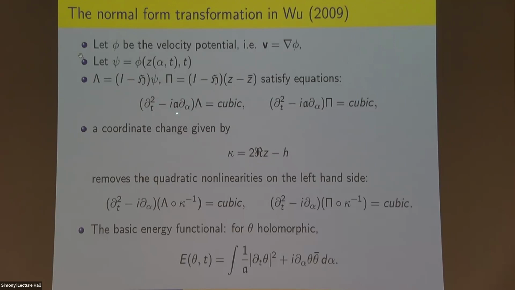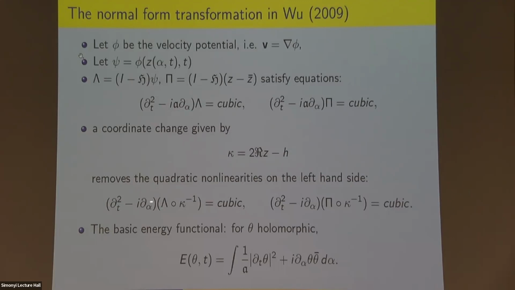Now, this left-hand side still contains quadratic terms because A is nonlinear. But by a change of coordinates given by this, which is twice the real part of the interface, a change of coordinates from Lagrangian to Riemann coordinates, this will completely remove the quadratic nonlinearities on the left-hand side.